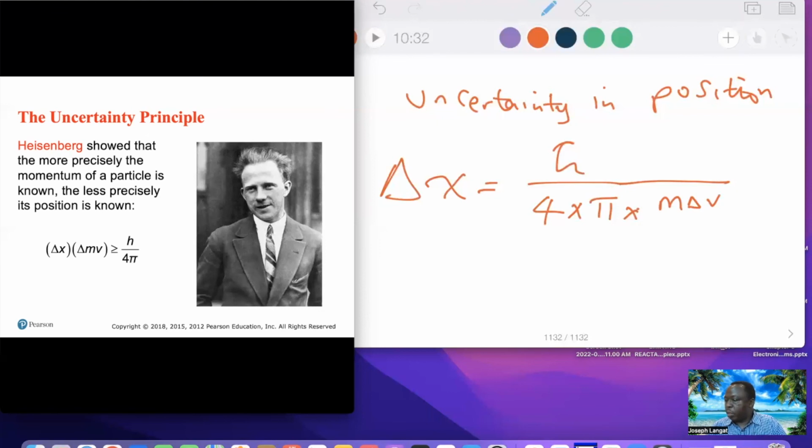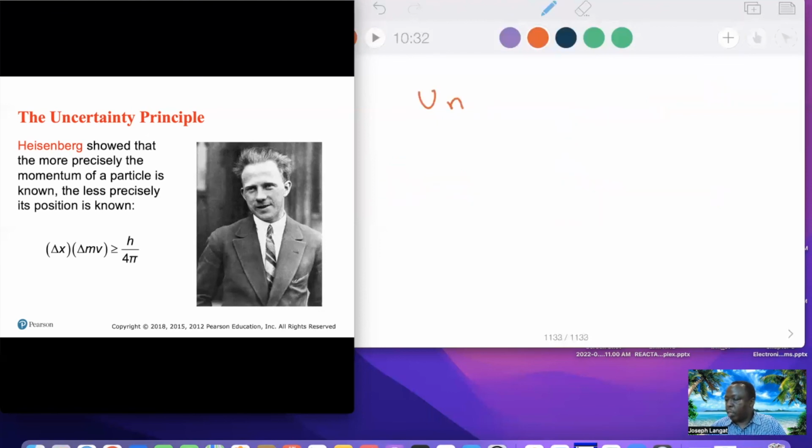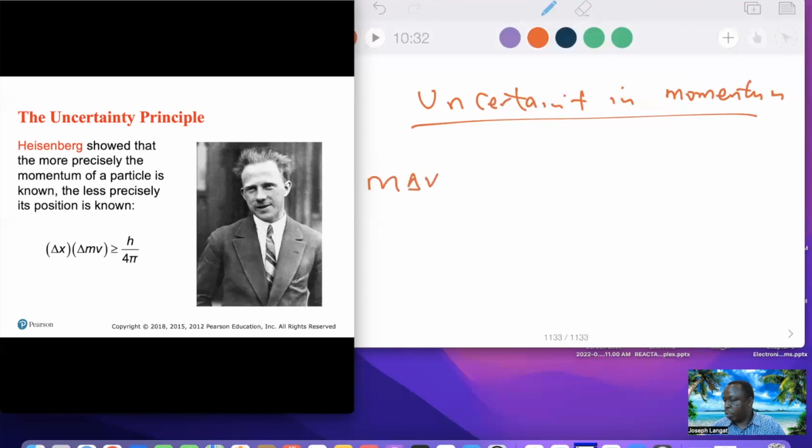And then uncertainty in momentum equals Planck's constant over 4 pi times uncertainty in position, x.